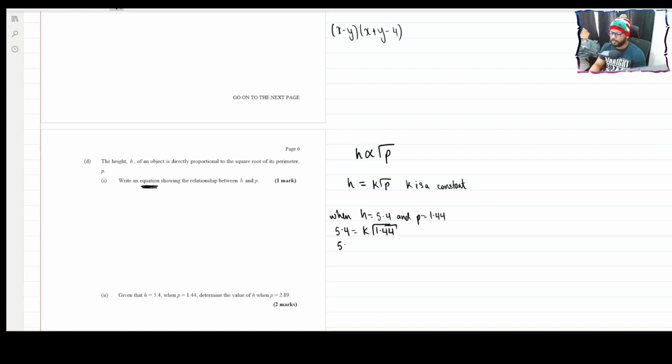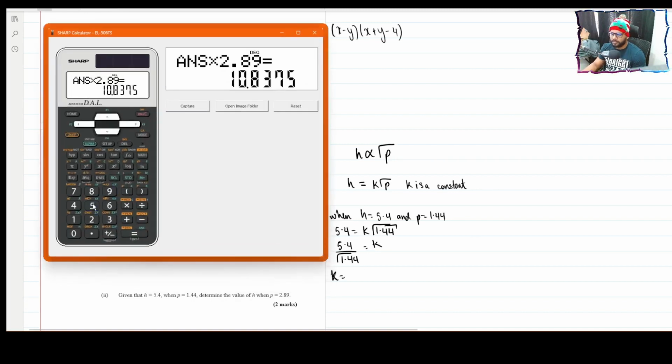If I rearrange, 5.4 over the square root of 1.44 is equal to k, and I can plug this into my calculator. k is equal to 5.4 divided by the square root of 1.44, which is equal to 4.5.